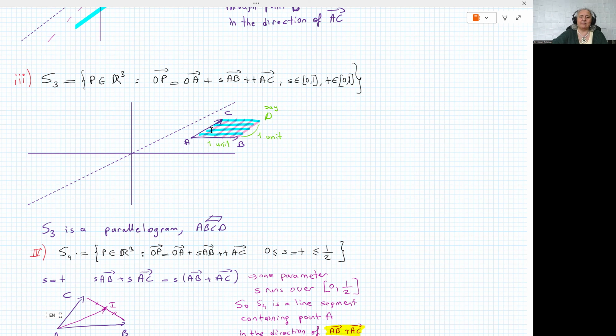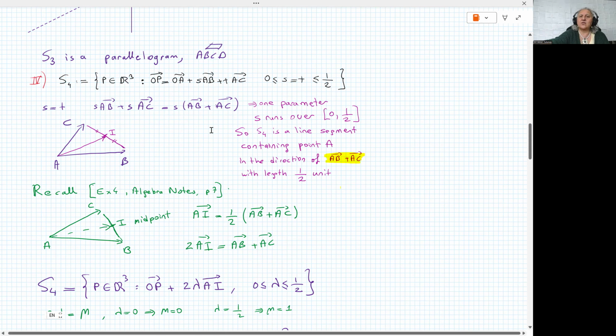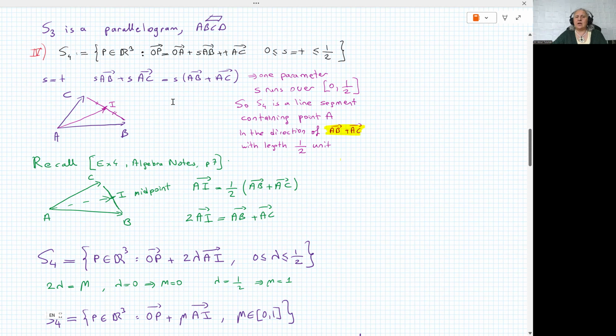For S4, now we have a restriction, and the coefficients are the same, so it goes down to the one parameter. So we should expect a kind of a line or a line segment, but it can't be a full line because you have a restriction, 0 to 1, too. It cannot be the vector space.